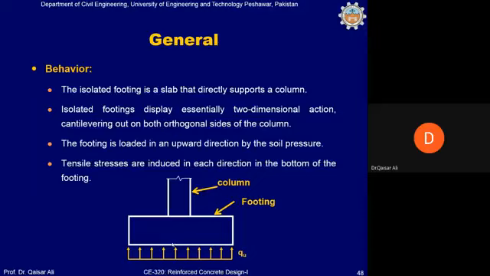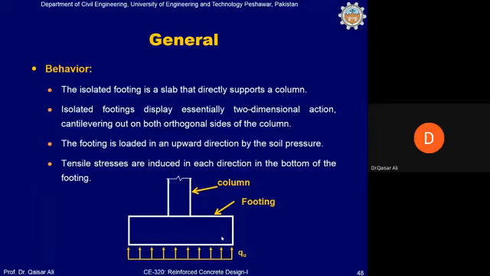However, in the case of column footing, the pad of the footing is generally square. So in the case of a square column footing, there will be bending in both directions, just like a plate.